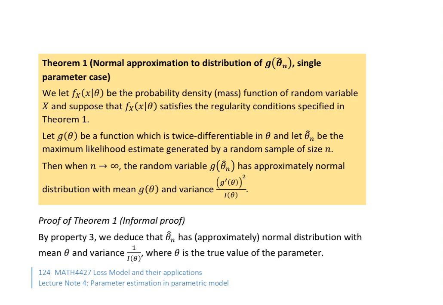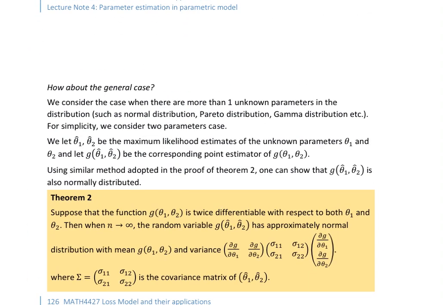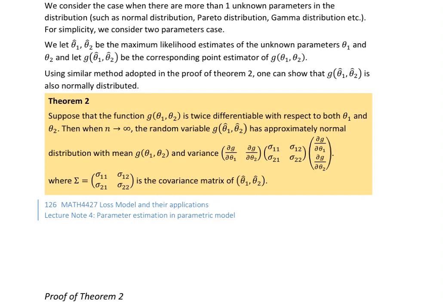Now, for a given distribution, we may have one parameter or multiple parameters. Because of that, I will divide this theorem into theorem 1 and theorem 2. Theorem 1 will be for the single parameter case, and theorem 2 will be for the multiple parameter case.